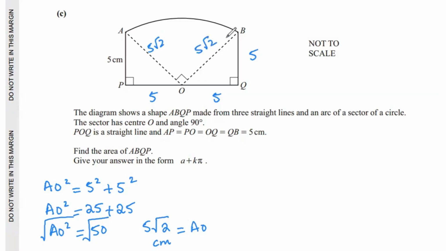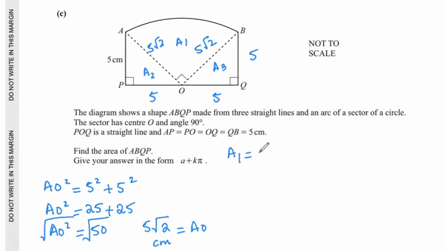Now they want the area of ABQP, the entire thing. So for the area of the sector, it's a 90 degree. I'm going to call this A1. This is A2. This is A3.